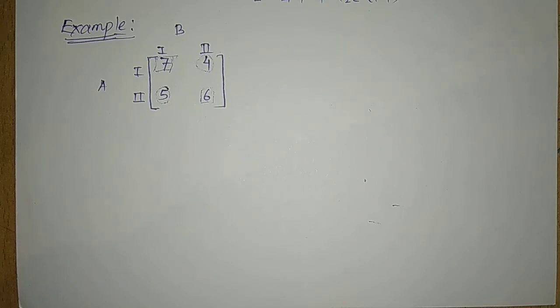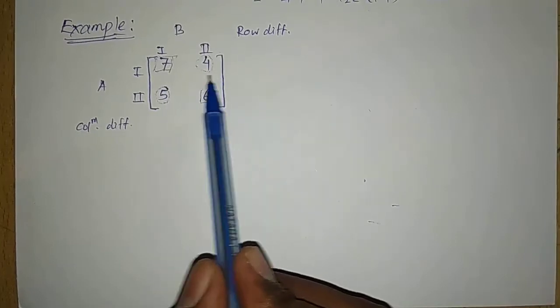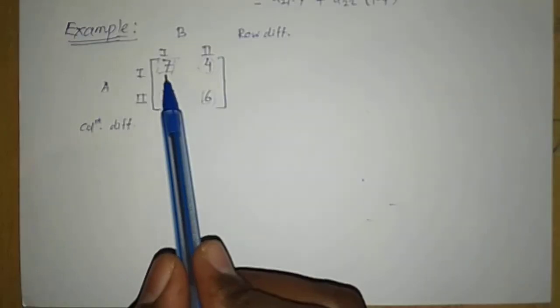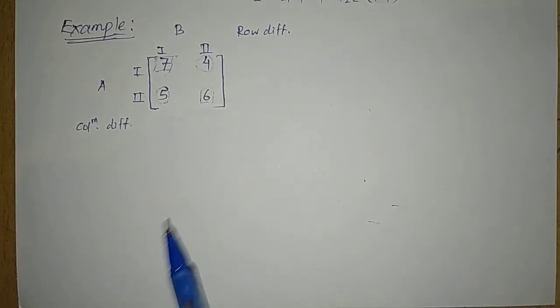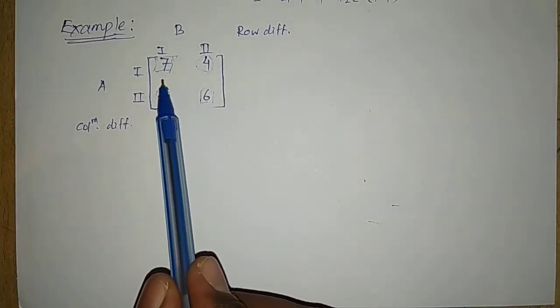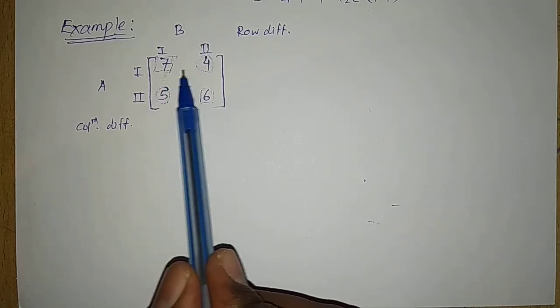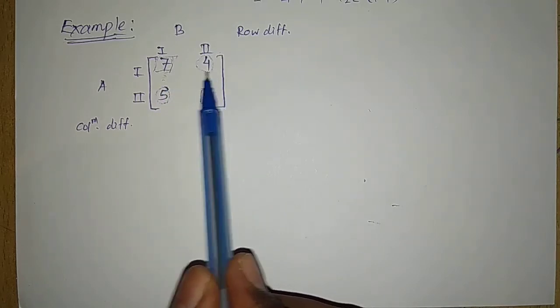Let us find out the row difference and column difference. First, the row difference. Let us start from this element and take the row difference for the first row.